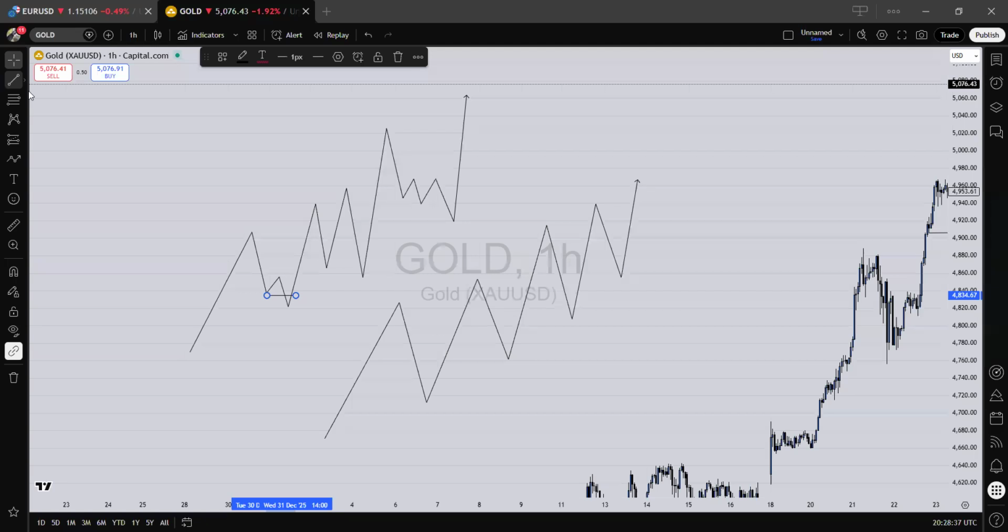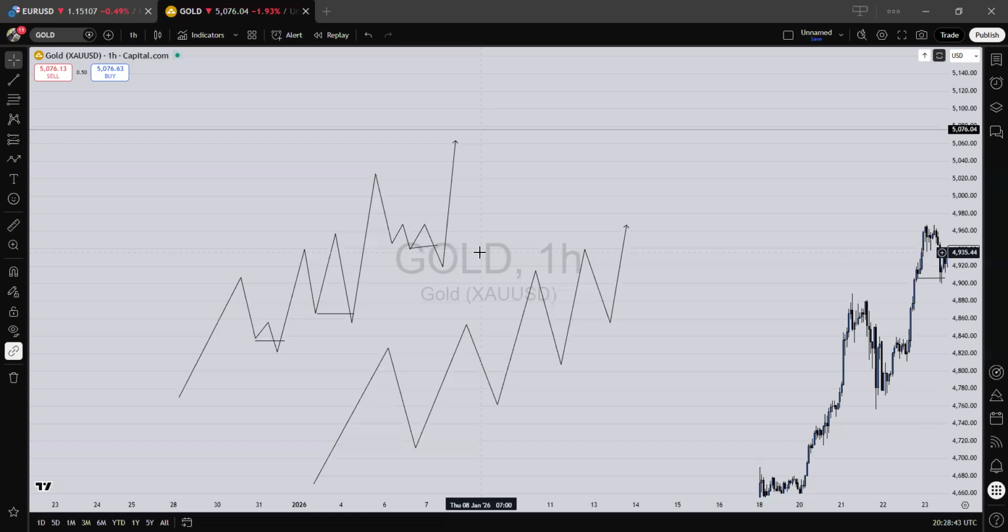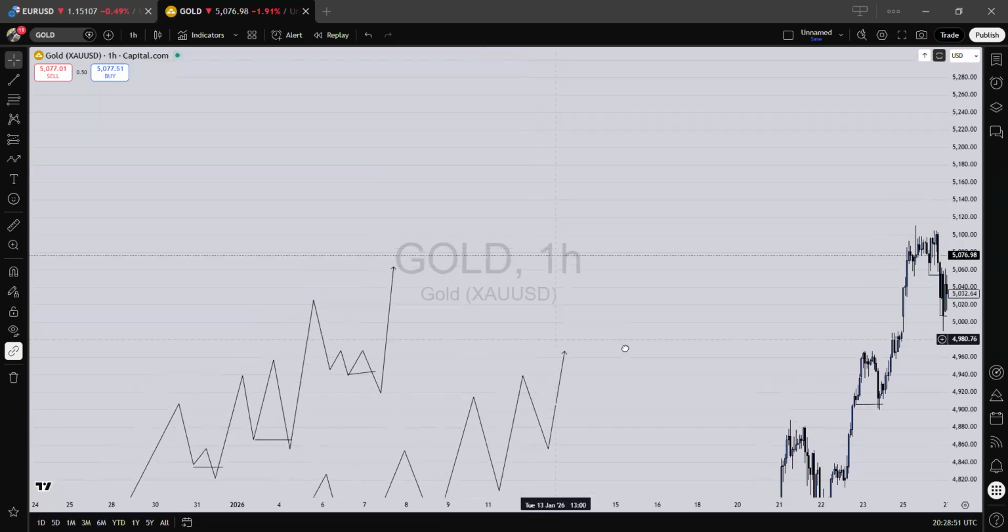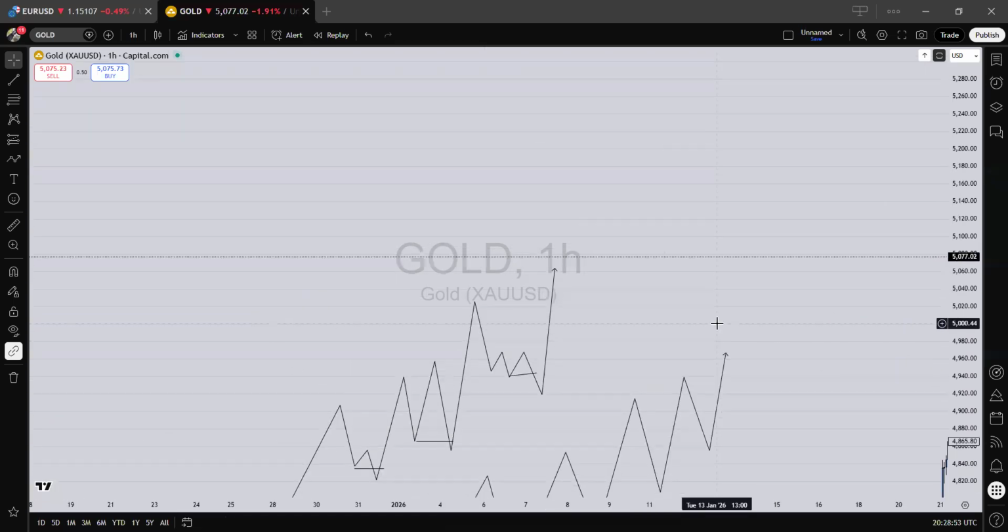Engineer liquidity, inducement, engineer liquidity. These are sell side liquidity in a general sense. Okay? These are sell side liquidities in a general sense.